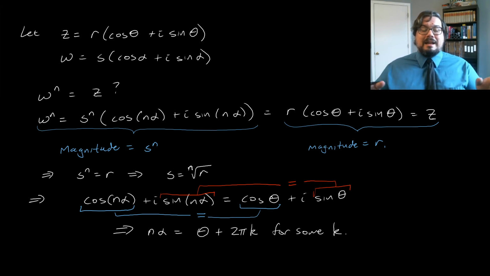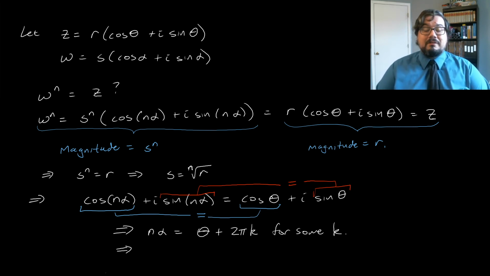And by combining the fact that this needs to hold for cosine and for sine, this is the only possibility. The only way to have two angles that have the same sine and the same cosine is for the two angles to be coterminal. So this tells us that n alpha equals theta plus 2 pi k for some k.